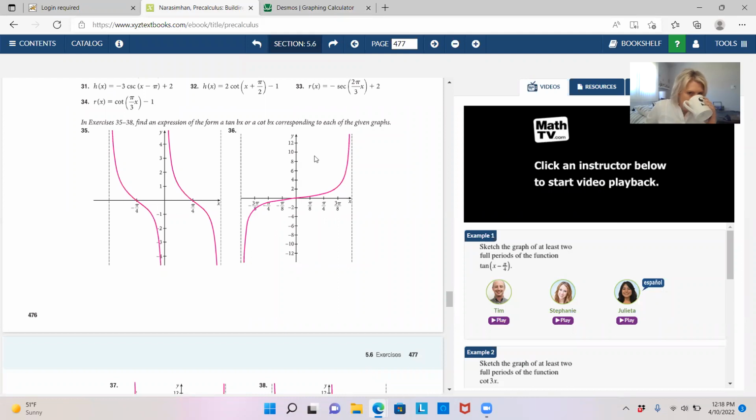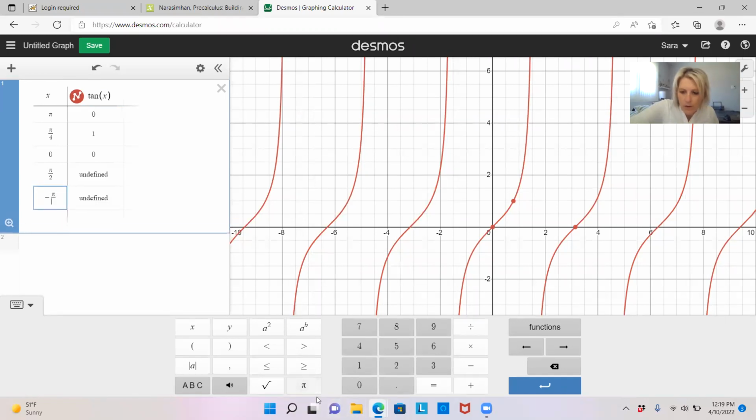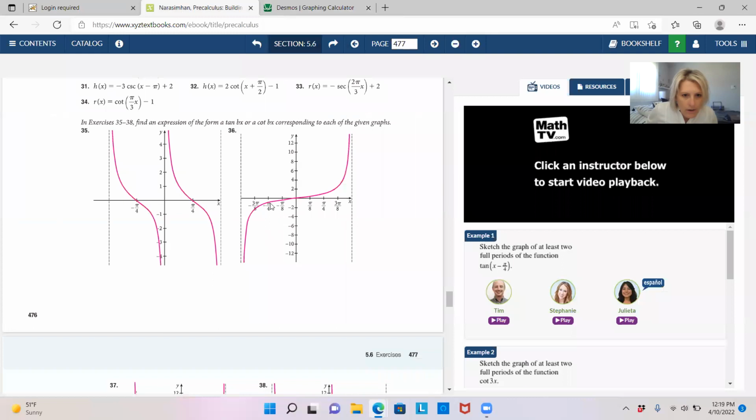And let's put in a negative pi over 2. Let's put in a negative pi over 4. So a negative pi over 4 would be a negative 1, usually. And this negative pi over 4, it is a negative 1.